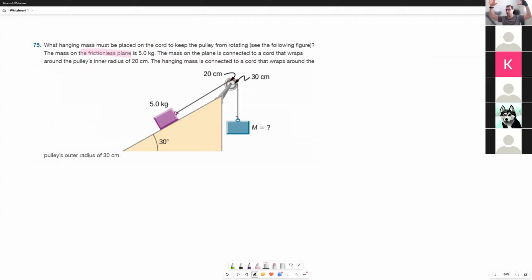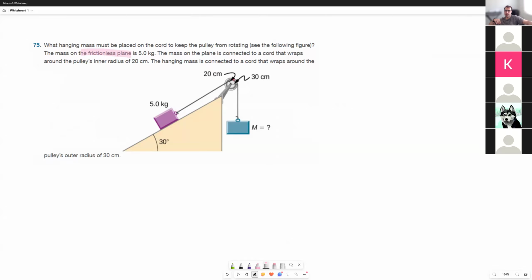Guys, the pulleys that you saw in the lab, they have just one radius, right? There are pulleys that can have two radii. The plural of radius is radii. This is one of those. It has two radii.